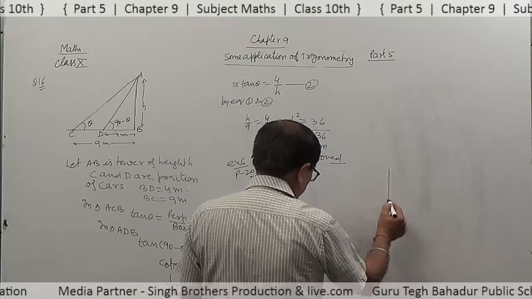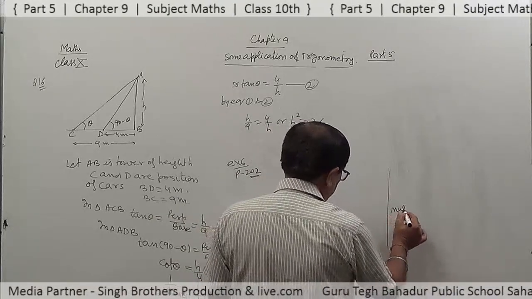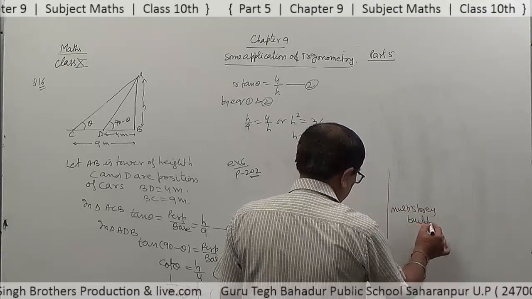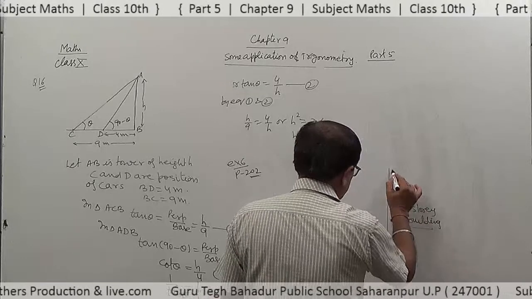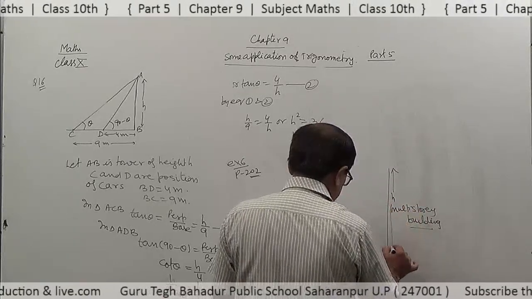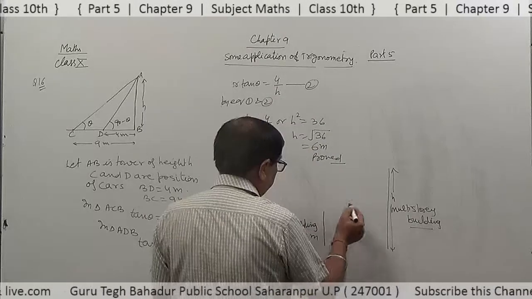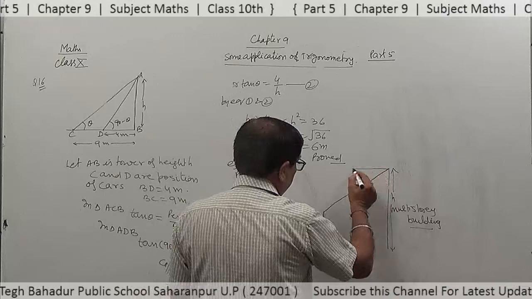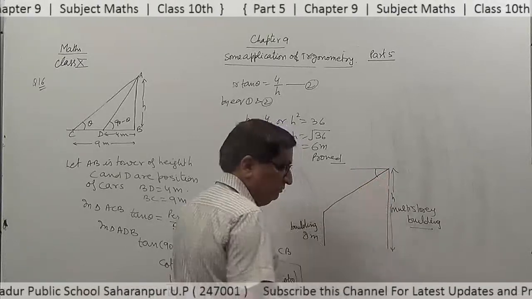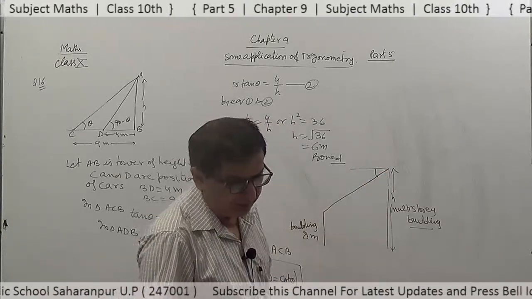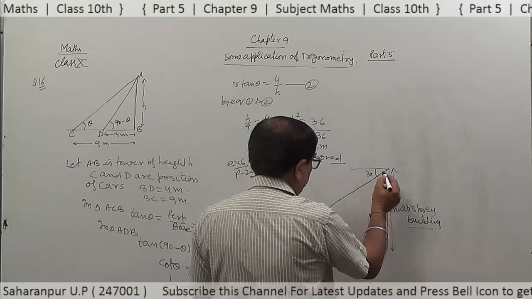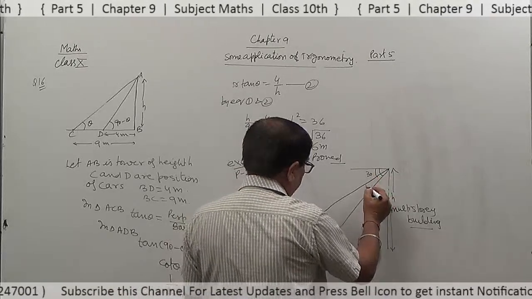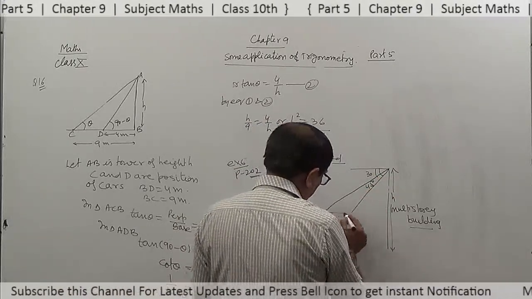This is the multi-story building. Its height is h. When seen from its top, the angle of depression of the top of the small building is 30 degrees, and to its bottom the angle of depression is 45 degrees.